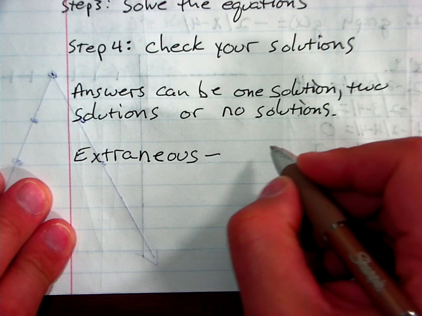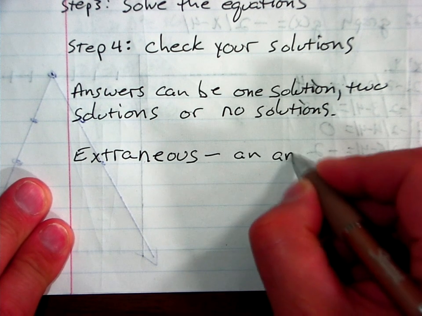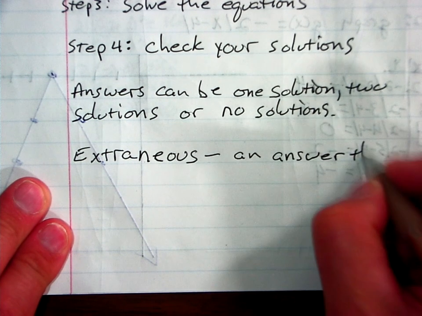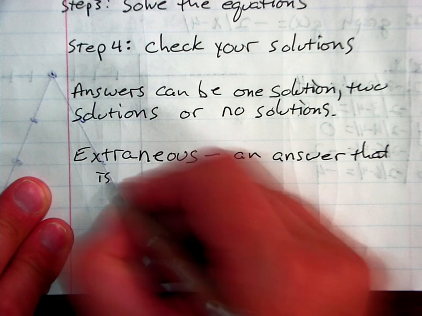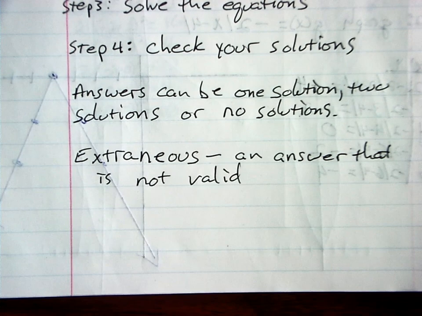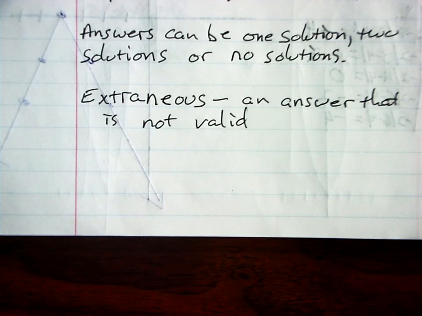Extraneous. An answer that is not valid. So therefore, Katie's answer was extraneous. Because it was an answer, but it wasn't valid.